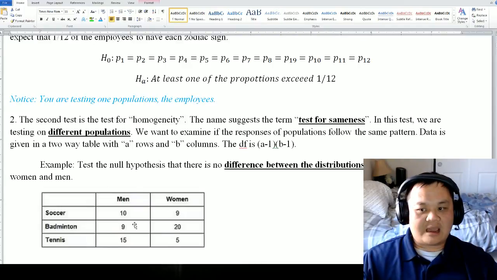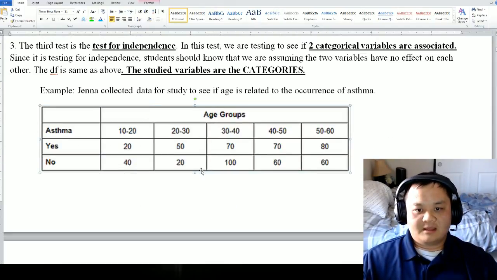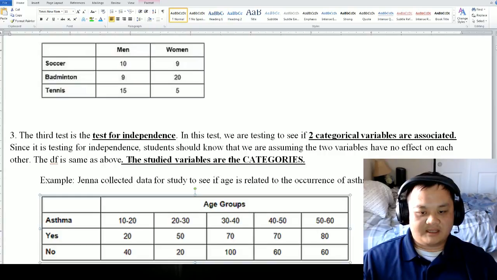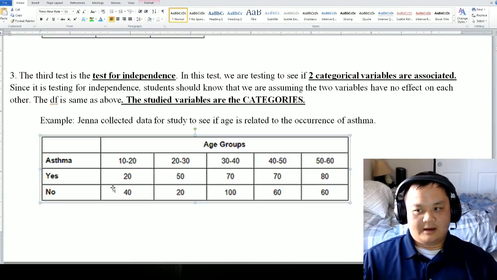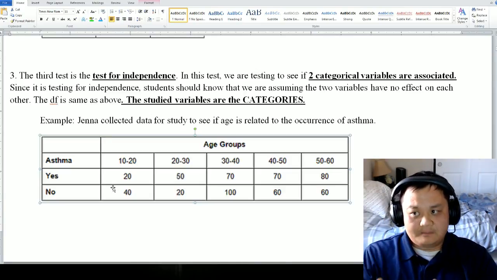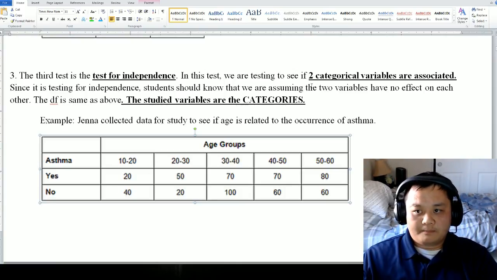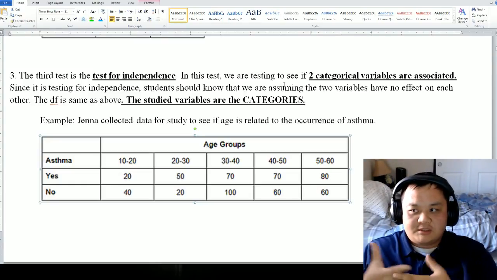The rest is not categorical, right? This is categorical because you see how the values here are associated with yes or no? Here you're trying to see if the two categorical variables are associated.